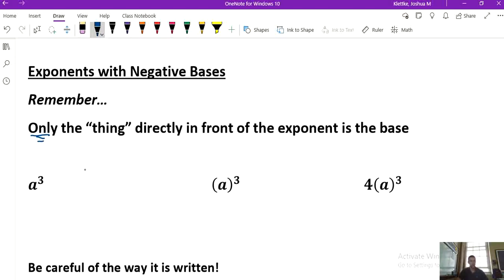So we have three examples here of a value or an expression with an exponent. We see here we have a to the third. a is the base. 3 is the exponent.